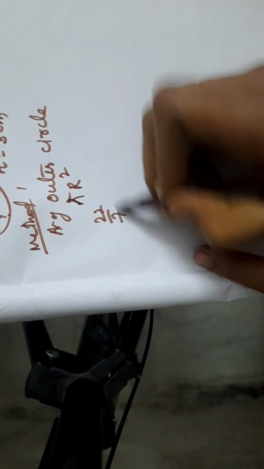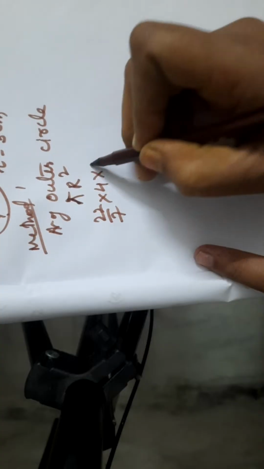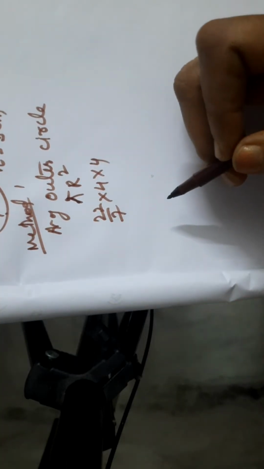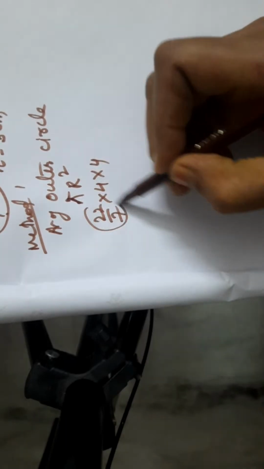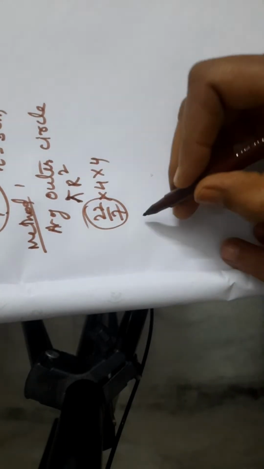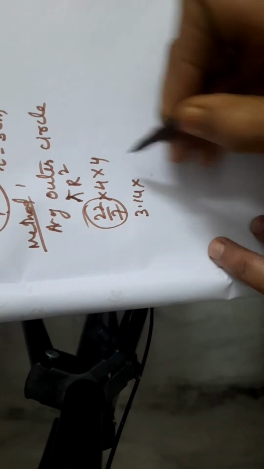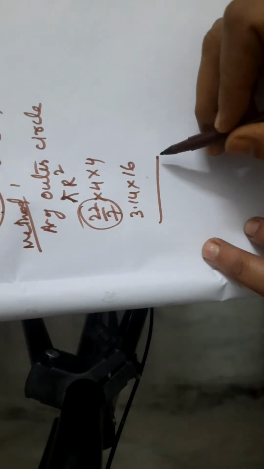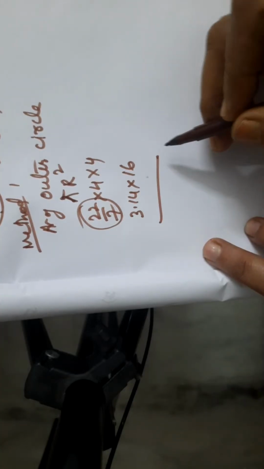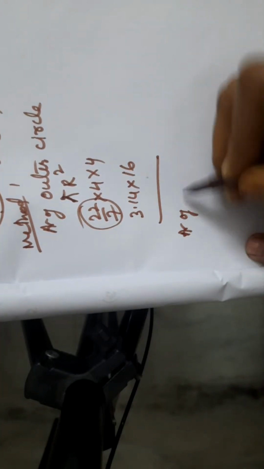Pi is 22 by 7, radius is given 4. Here in this question, they gave the condition to use 3.14 as pi. So we'll replace pi by 3.14 multiplied by 16. Find out the answer.